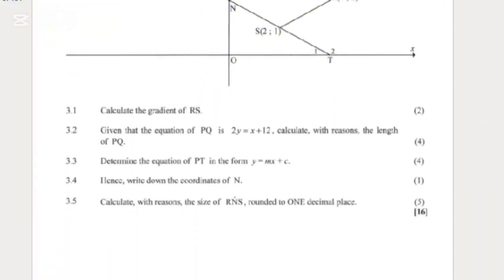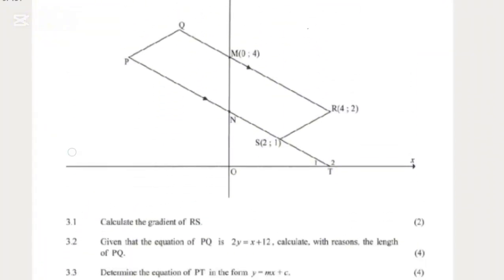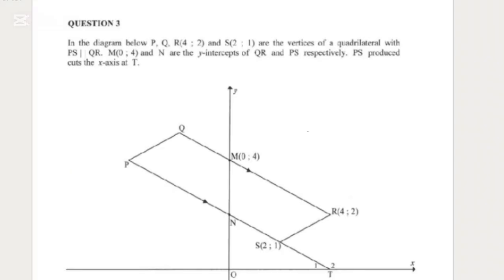Okay, this is another one. Let me read with you. It says in the diagram below, P, Q, R, and S are the vertices of a quadrilateral with PS parallel to QR, and M is (0, 4). M is the y-intercept.